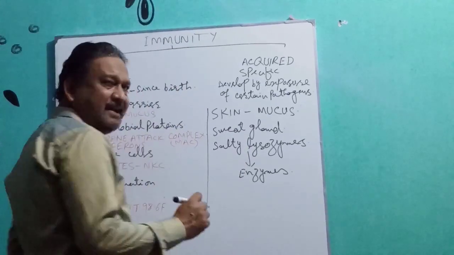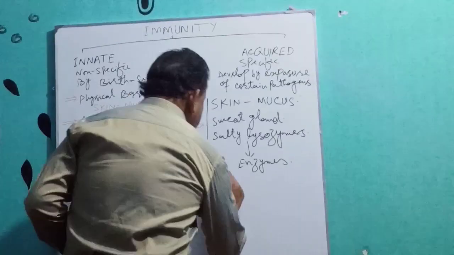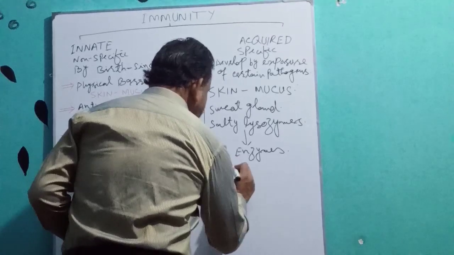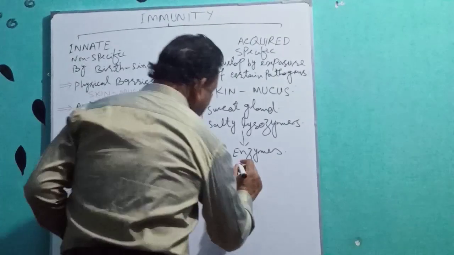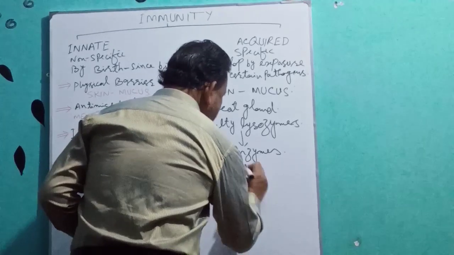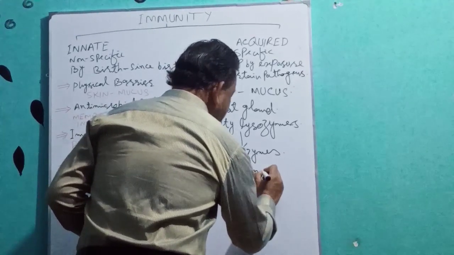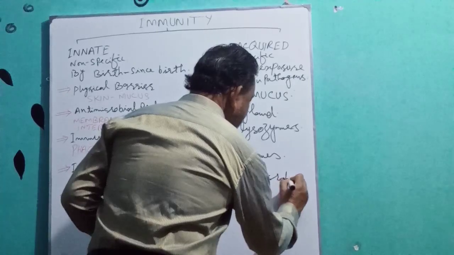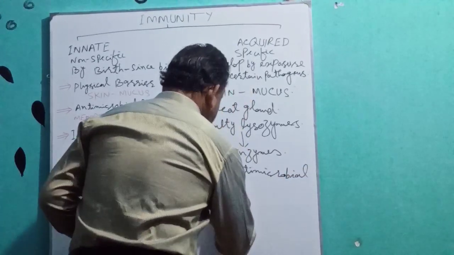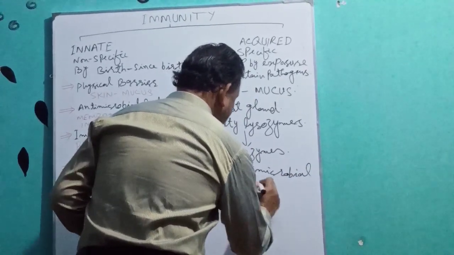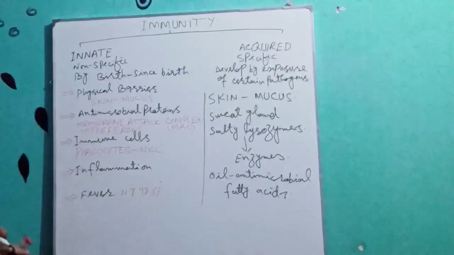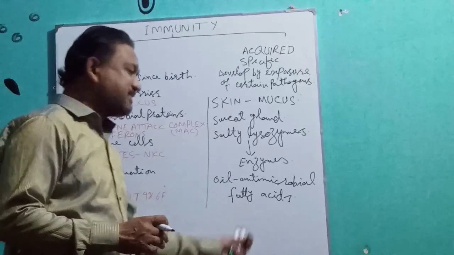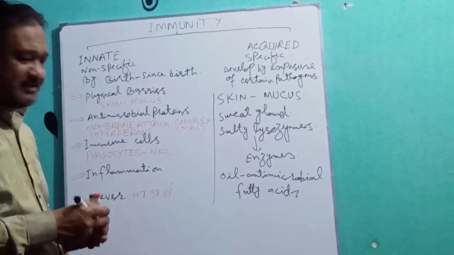The second gland present in the skin is the oil glands. The oil glands also contain antimicrobial fatty acids, which kill the bacteria and viruses.